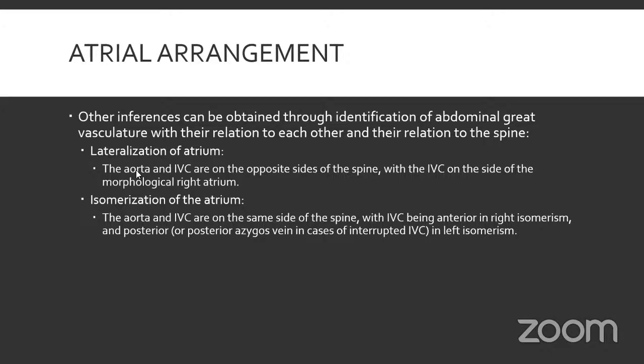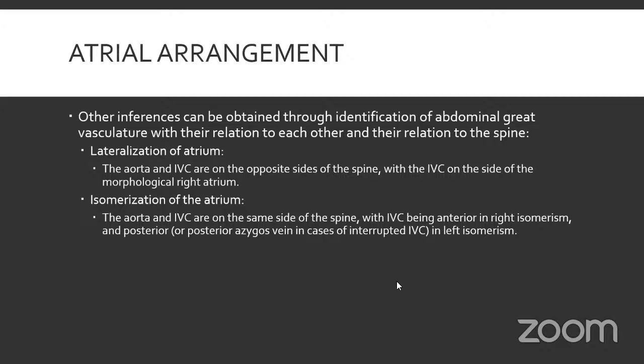When you have a lateralization of the atrium, as we mentioned before, where you have both morphological right and left atriums, the aorta and the IVC are on opposite sides of the spine, and the IVC is on the side of the morphological right. Now, when you have isomerization of the atrium, the aorta and IVC are on the same side of the spine, and the IVC being anterior in cases of right isomerism or posterior in cases of left isomerism.